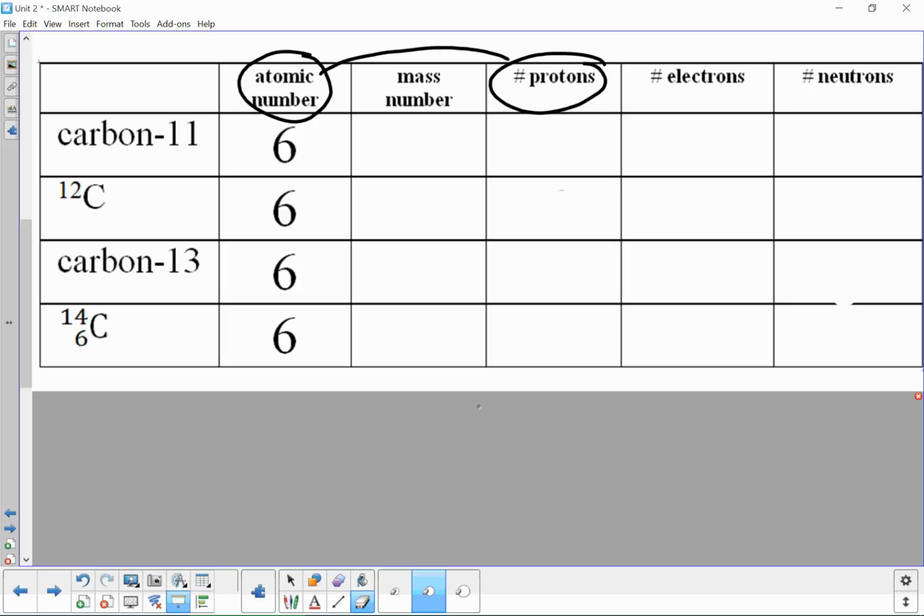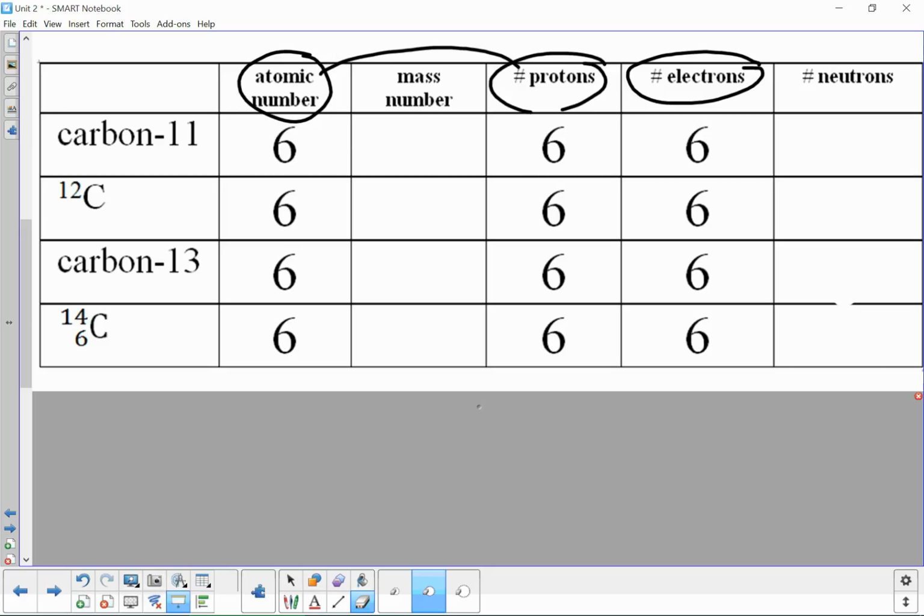So these columns always have to be the same. As soon as you know the atomic number is 6, then you can also fill out the number of protons. You'll also remember that protons and electrons always have to be equal. So we can also fill out that all of these also have 6 electrons.